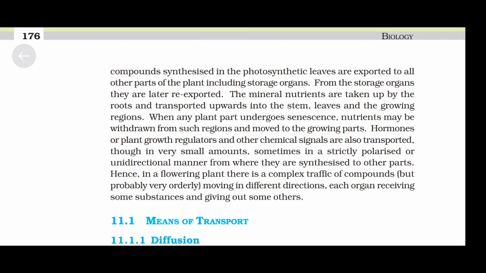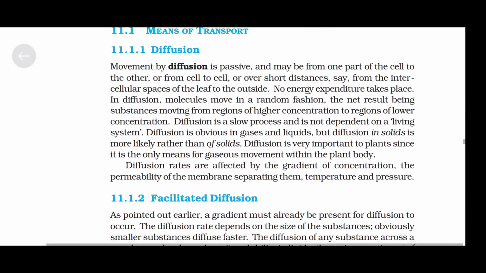Hormones or plant growth regulators and other chemical signals are also transported, though in very small amounts, sometimes in a strictly polarized or unidirectional manner, from where they are synthesized to other parts. Hence, in a flowering plant, there is a complex traffic of compounds, but probably very orderly, moving in different directions, each organ receiving some substances and giving out some others.